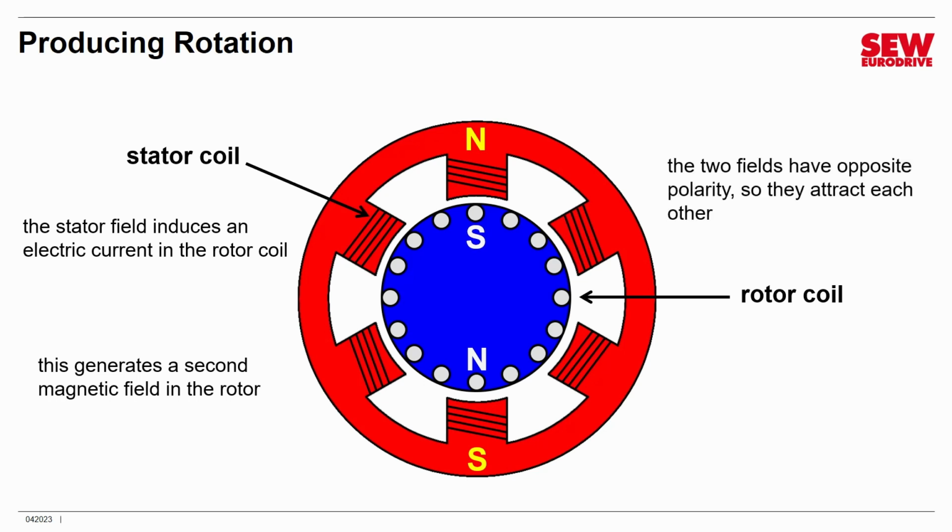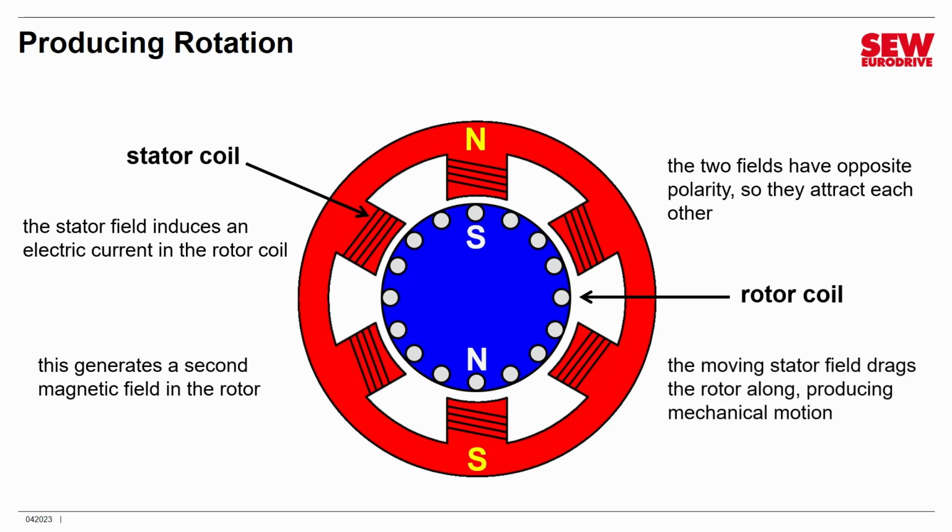And so what happens is the poles attract each other. The rotor and stator poles grab onto each other. And since the stator poles are rotating, they grab onto the rotor poles and make the rotor turn. And the rotor, because it's mechanical, can spin physically. And so we get mechanical motion, something like this.